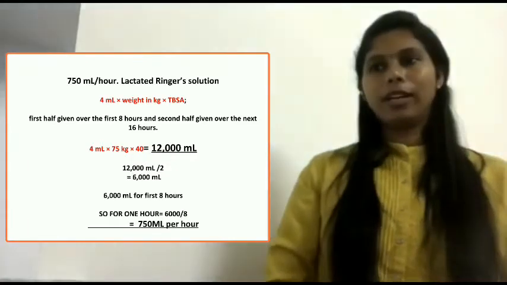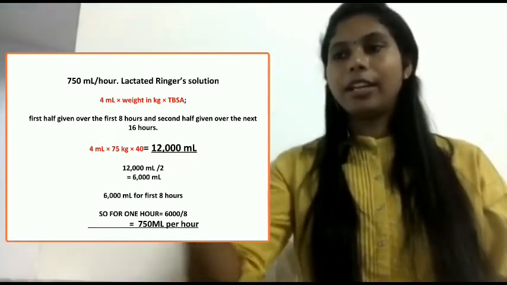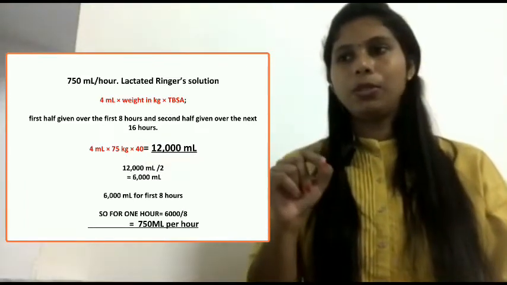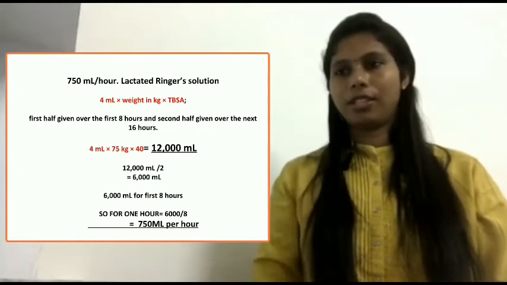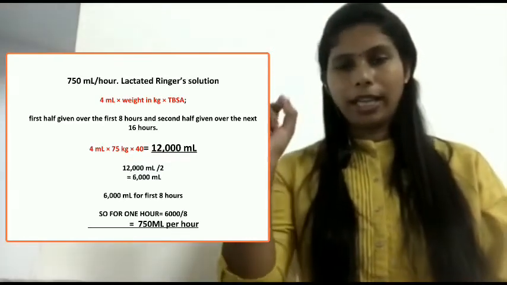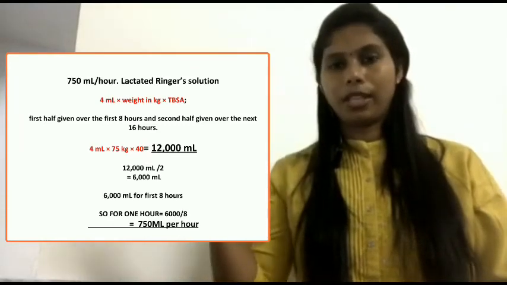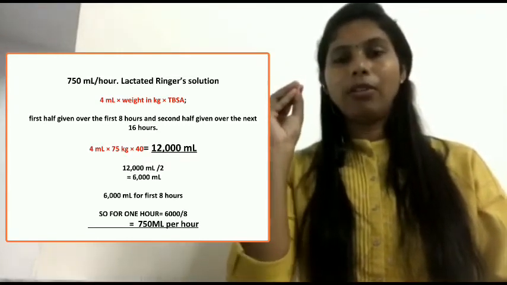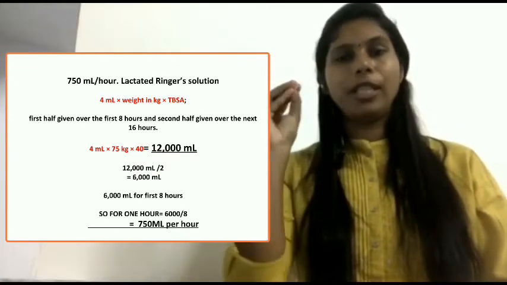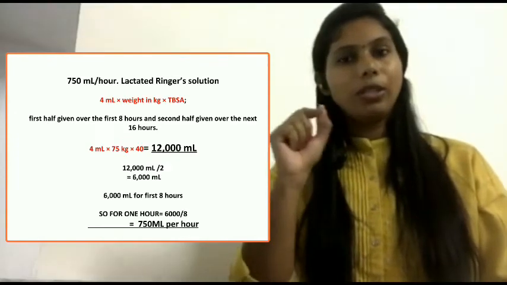In this one you can see 4 into 75 into total body surface area, that is 40. When we do the calculation, this is equal to 12,000. So the total amount of fluid to be infused within 24 hours is 12,000.